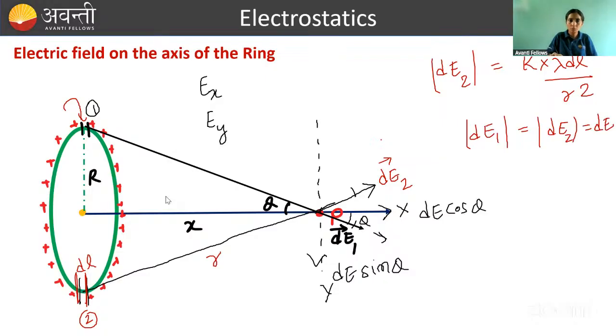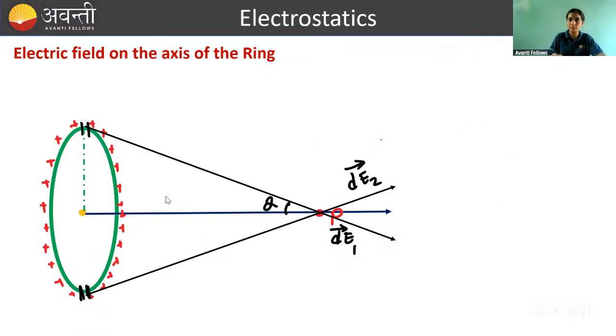Okay? So if you now break dE2, then what will be the component of dE2 along the x-axis? If this angle is theta, this is also theta because both triangles are the same, right? So here you get dE cos theta, and here you get dE sin theta. So for these two elements, the y components will get cancelled and only the x components get added. Okay?